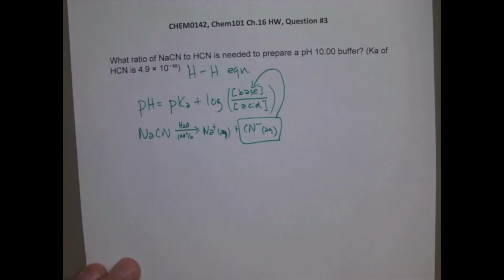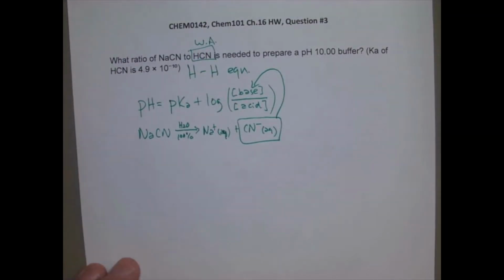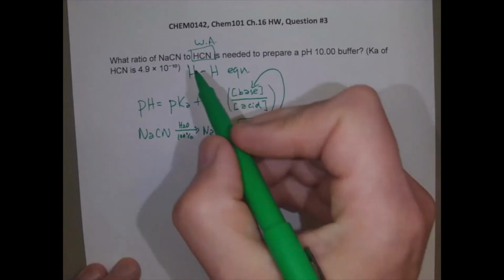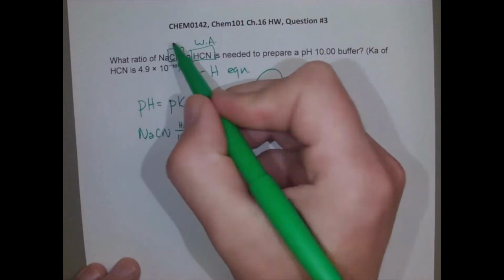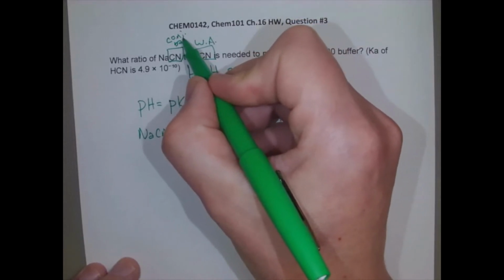That's going to be the conjugate base of this weak acid. This is a weak acid, and you know that because it's not on your memorized list of strong acids, and you know therefore that the cyanide from sodium cyanide is the conjugate base.